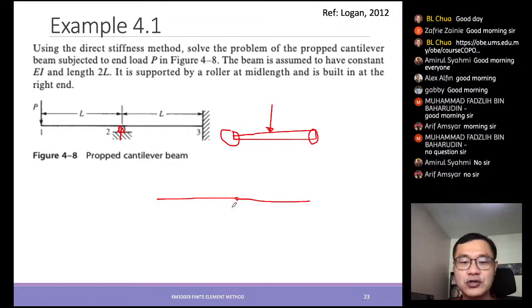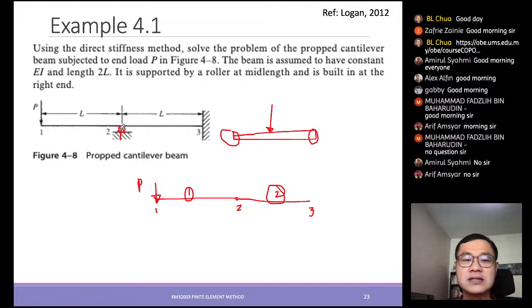So you may have this as node number 1, node number 2, node number 3, element number 1, element number 2. Break them into this way, then put in whatever you see. You can see there is a direct load acting, P. Then we have to remove all the supports and replace them with the suitable reaction force.